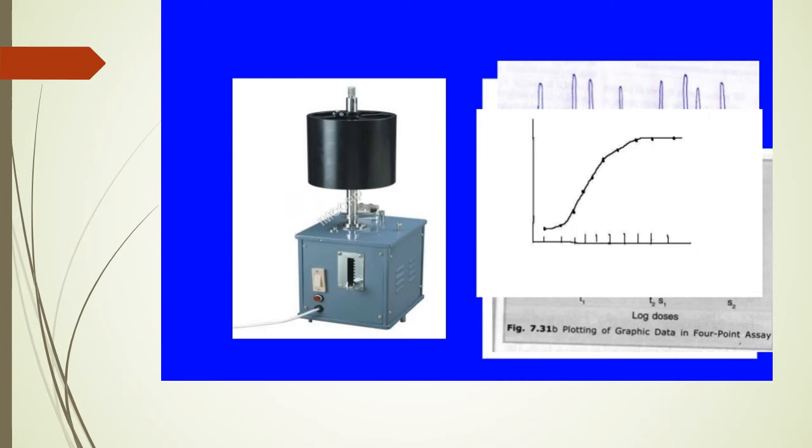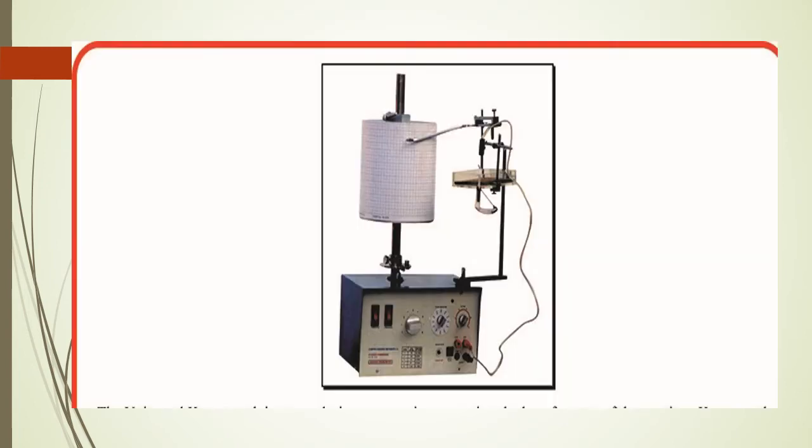That is basically what a kymograph looks like, and that is basically the graph. If we plot the graph, then we are going to have this kind of shape. And then again, that is the paper that is attached, and that is the needle. One end of the needle is attached to the organ bath, but the organ bath is not present in this, and that is basically a kymograph.